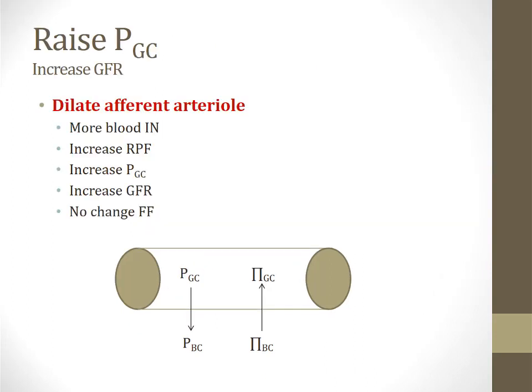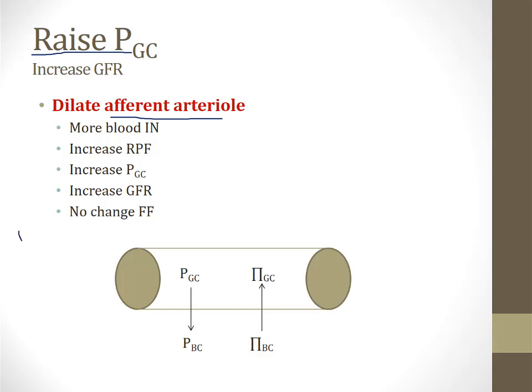So now that we understand that, let's talk about what would happen to the glomerular filtration rate if we altered either the hydrostatic pressure or the oncotic pressure in the glomerular capillaries. And let's start by talking about what happens when you raise the hydrostatic pressure, P_GC, in the glomerular capillaries. One of the ways this can be done is by dilating the afferent arteriole.